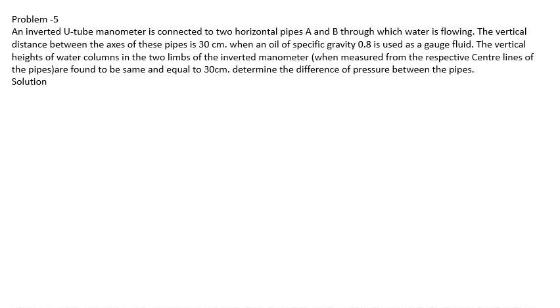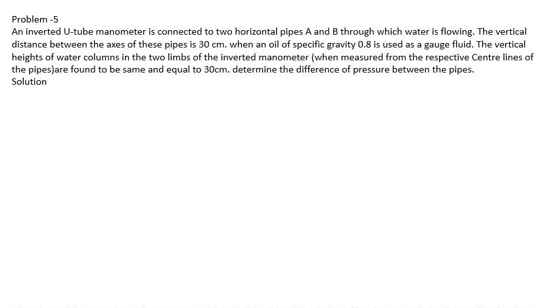So move on to the numerical number 5. So this numerical is connected to inverted U-tube manometer. An inverted U-tube manometer is connected to two horizontal pipes A and B through which water is flowing. The vertical distance between the axes of these pipes is 30 centimeter.